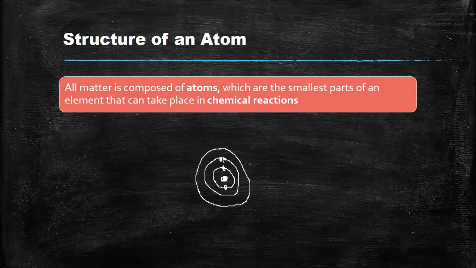First shell, you already know, contains 2 electrons. Second shell contains 8 electrons. Third shell contains 8. But if the atom belongs to 3D elements, the third shell will contain 18 electrons.